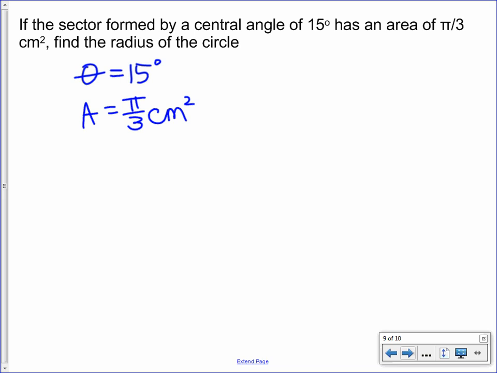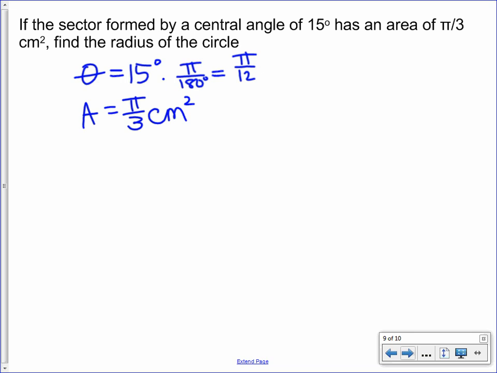Same thing, our angle needs to be in radians, so we will convert it by multiplying by pi over 180 degrees, which means our angle is pi over 12, right?